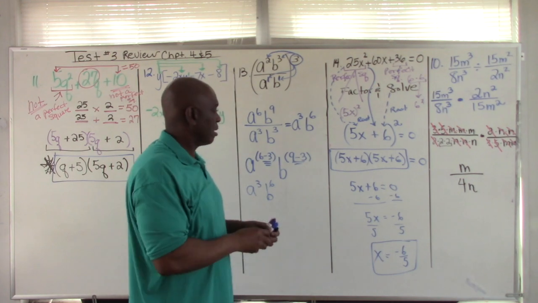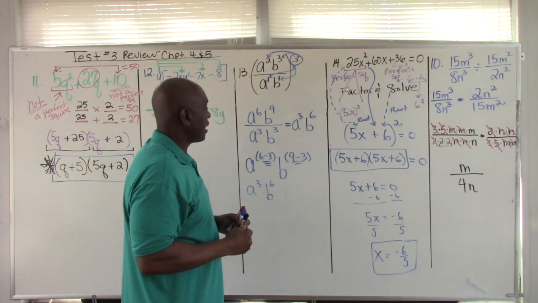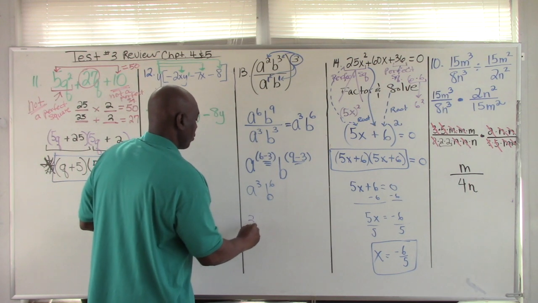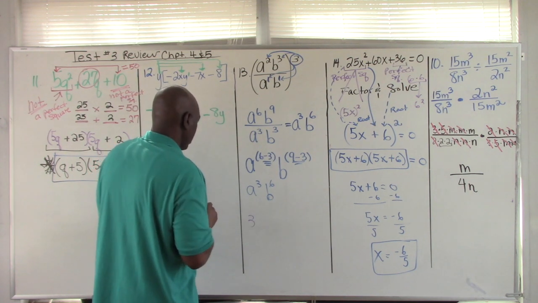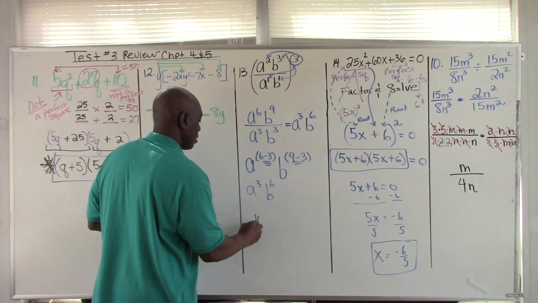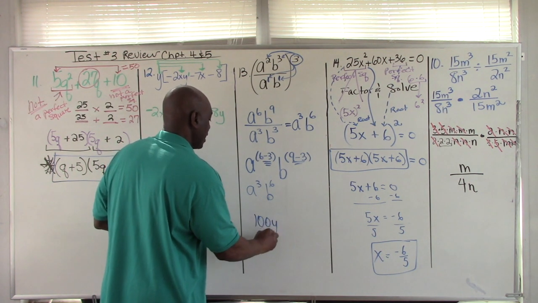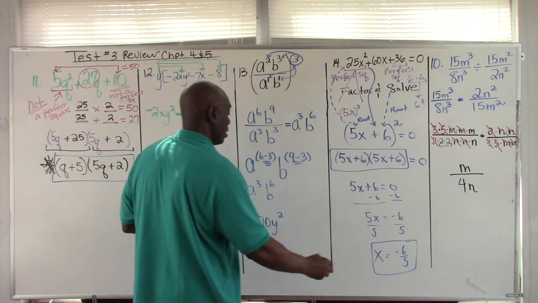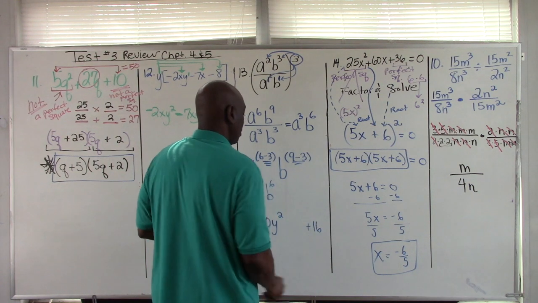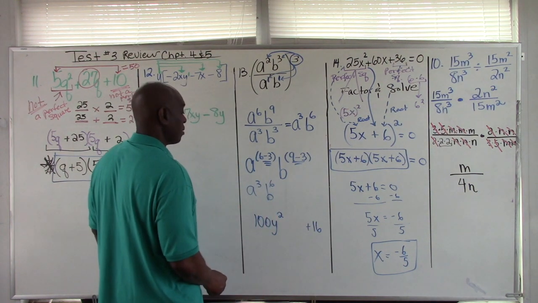That's the key, right? It's just like if I had, I don't know, what if I had 100y squared, and on the other end I had maybe plus 16, right?